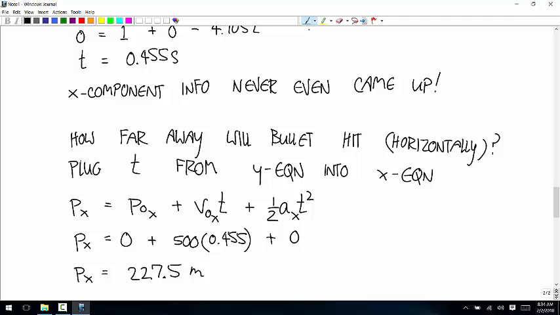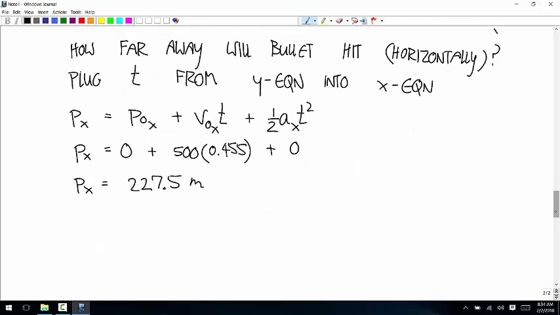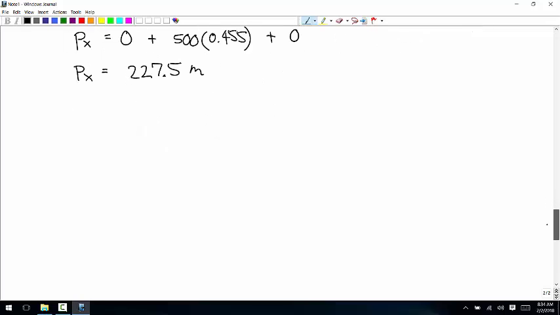So now, let's do the same thing, but this time, holding a gun perfectly horizontally is hard, right? I mean, you can't get it perfectly. So now let's do the same thing, but calculate for an angle.